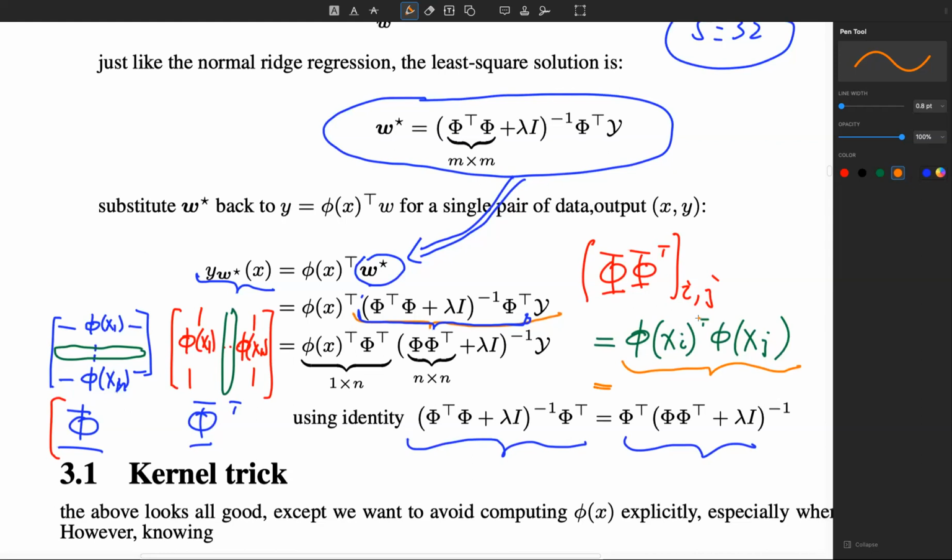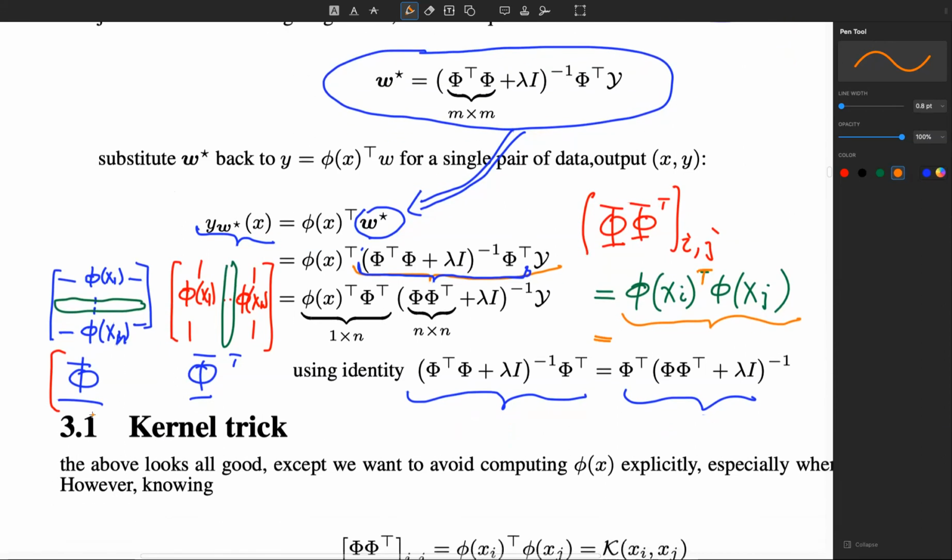Because it's an inner product, you're going to scale it back. So ultimately, you just get a single number, okay? But in order to get that number, you need to find the high dimensional representation for both phi xi and phi xj. Here's the kernel trick.